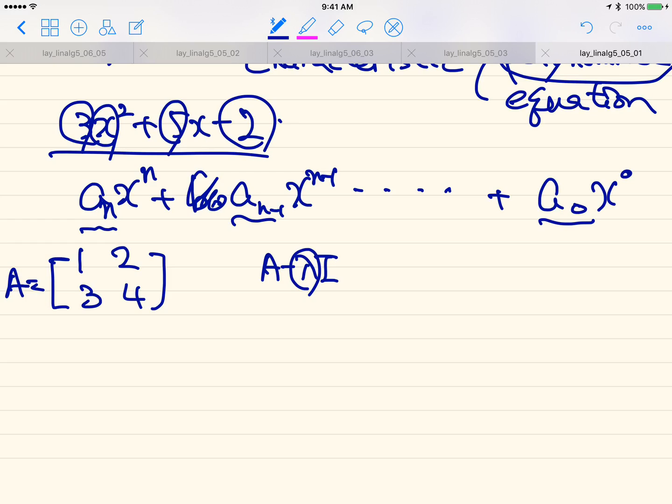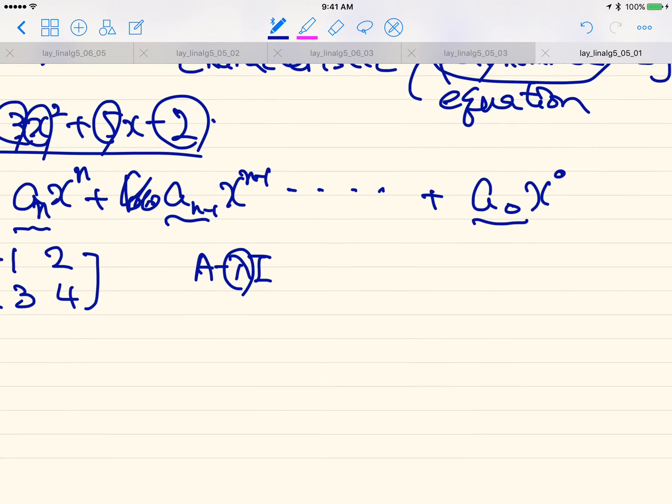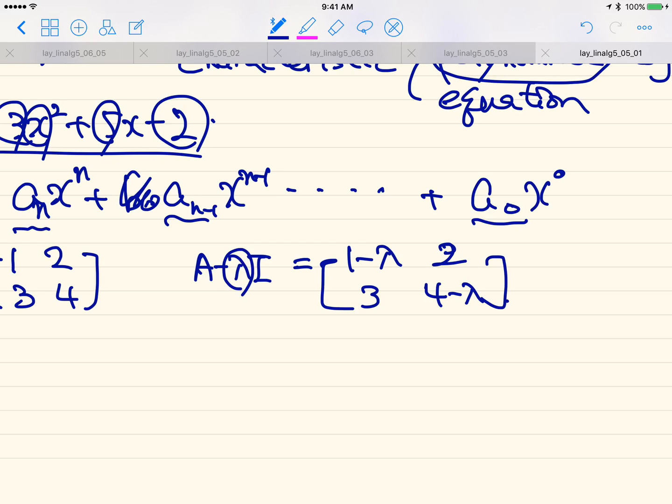By treating lambda as a variable instead of plugging in a particular scalar value, the matrix becomes 1 minus lambda, 4 minus lambda, and 2 and 3. This is your A minus lambda I, and let's think about its determinant.